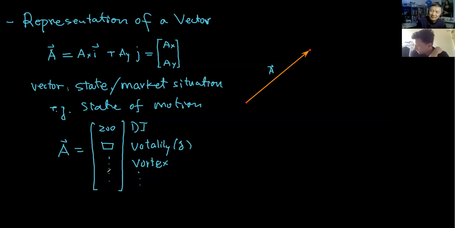Market volatility. Probably. Can you teach me the word market volatility? How to write that word? V-O-L-A-T-I-L, oh, this one. I write down here volatility.